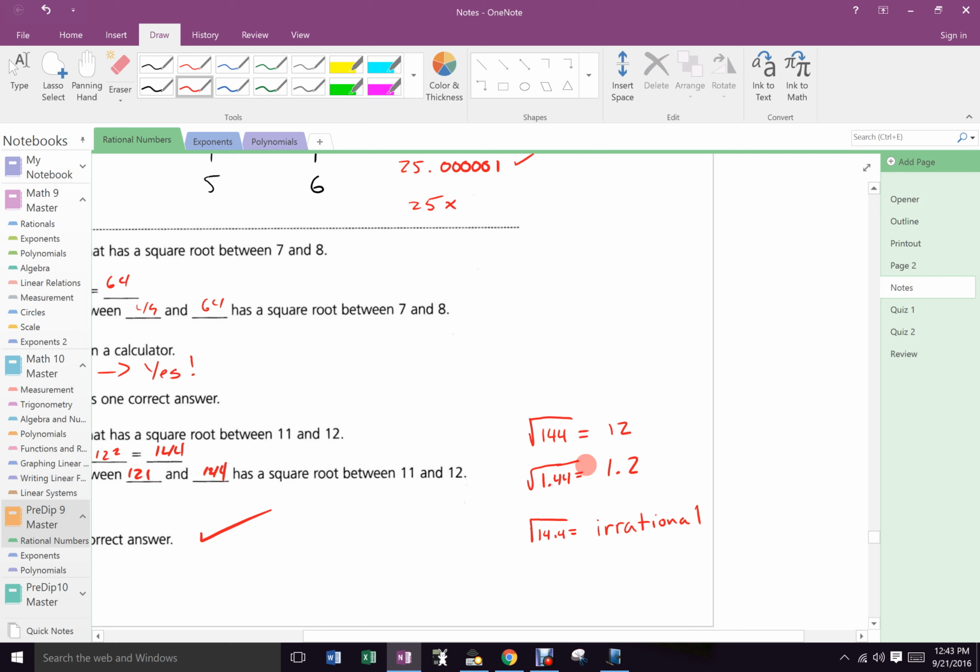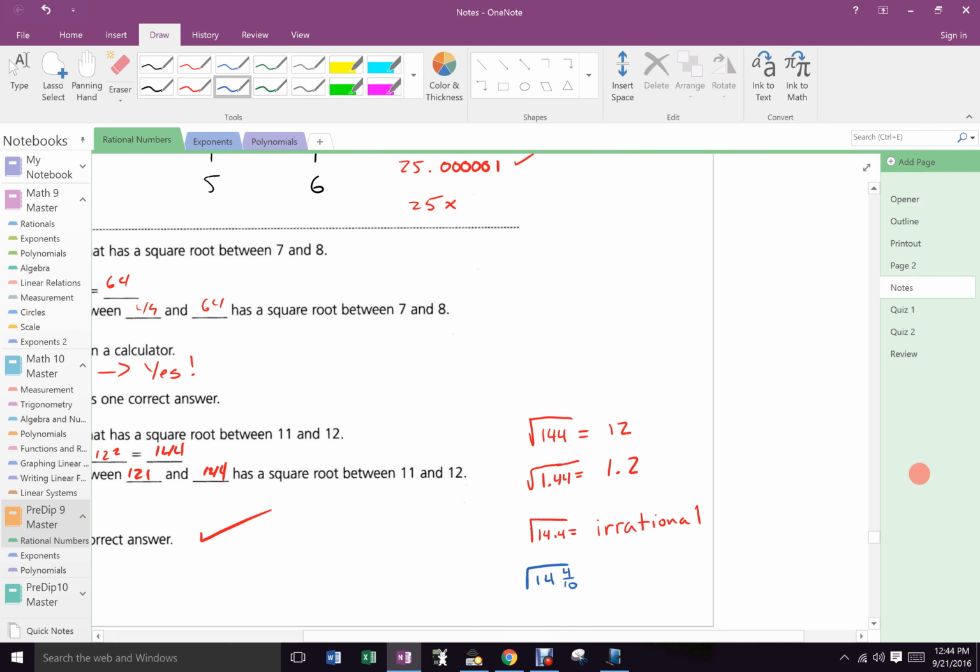How can it be irrational when it uses the same digits? The decimal changes it. This is the square root of 14 and 4/10, yes? 14 has no square root, 4/10 has no square root. Do you see what I am saying?